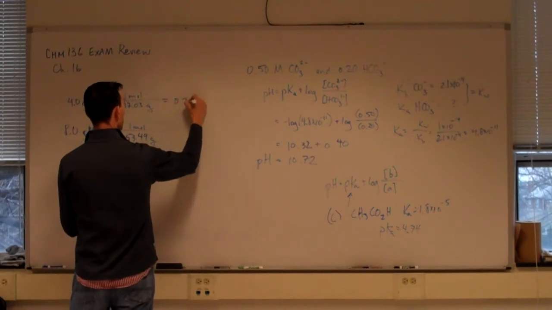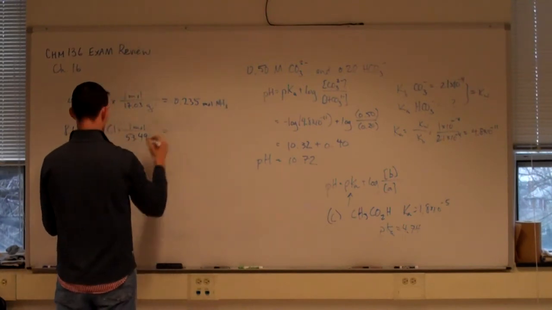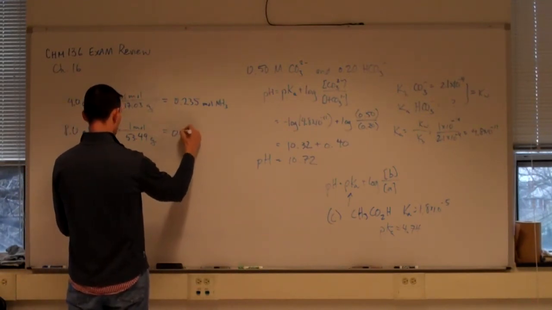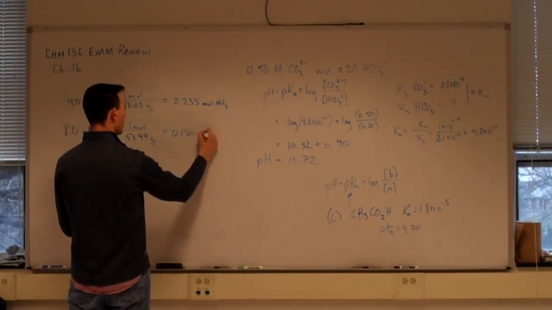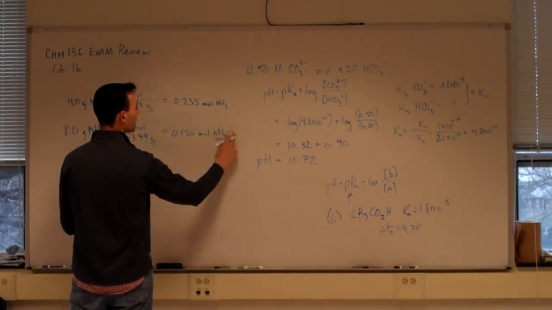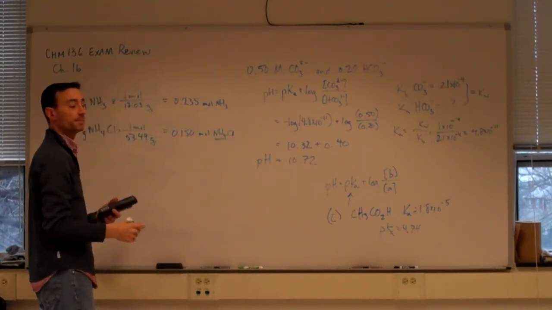So we have 0.235 moles of NH3 and 0.150 moles of NH4Cl. More importantly, though, of the NH4 plus. Here the Cl is the spectator ion.